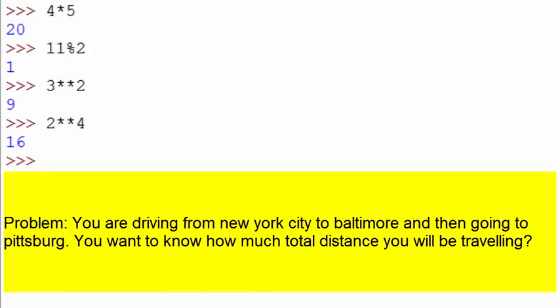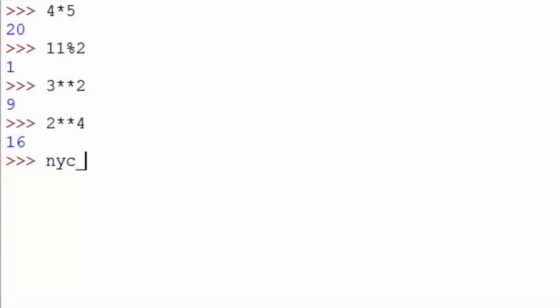So the way you do it is you first create a variable to store the distance between New York City to Baltimore. Let's say it is 188 miles. So I just created a variable called this and assigned the value 188 to it. Then you create another variable to store the distance between Baltimore to Pittsburgh, and let's say this is 247 miles.